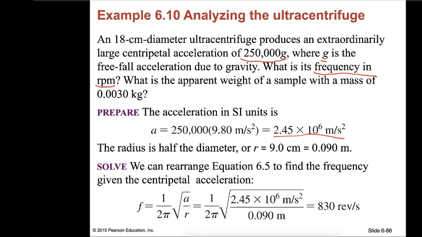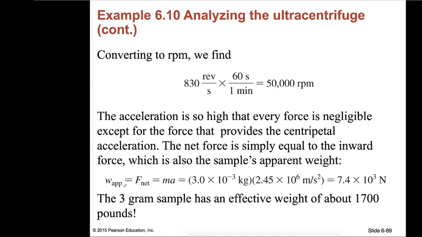Okay, second, what's the apparent weight of a sample with a mass of 0.003 kilogram? We're trying to calculate the apparent weight. So apparent weight equals net force, which is ma.